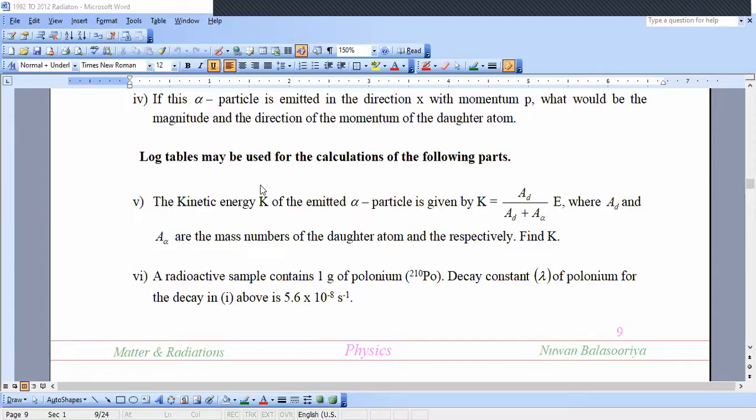Right, they have given us an equation in Roman number 5.